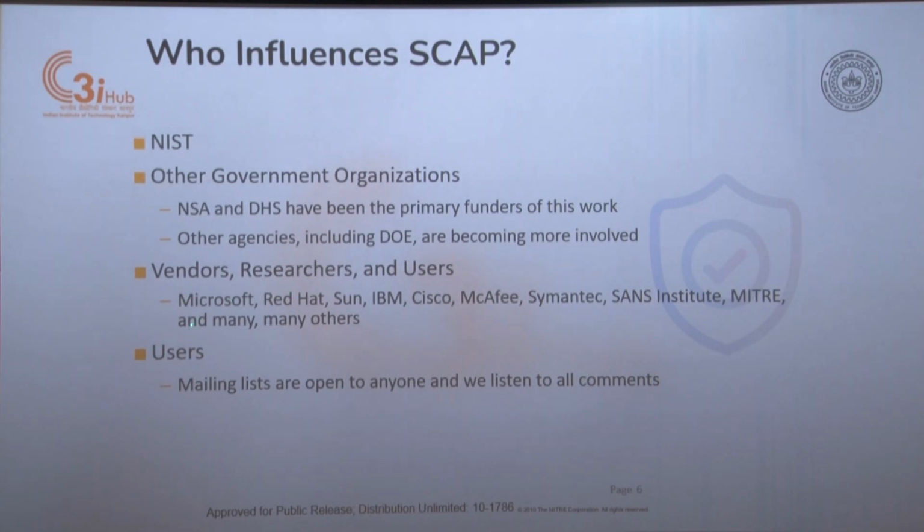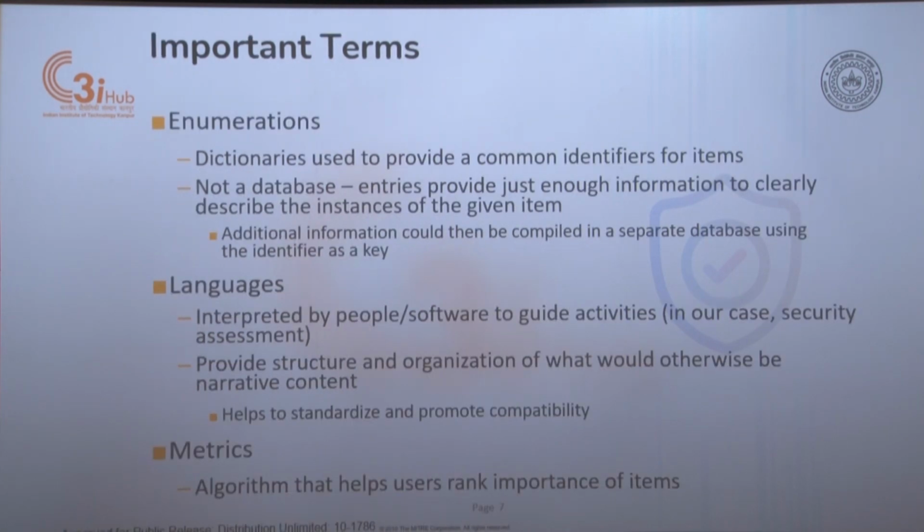There was also involvement of Microsoft, Red Hat, Sun (which is no longer there, Sun is part of Oracle now), IBM, Cisco, McAfee, Symantec, the SANS Institute, MITRE and others. And they also had mailing lists through which users could comment as the original standard was being developed.